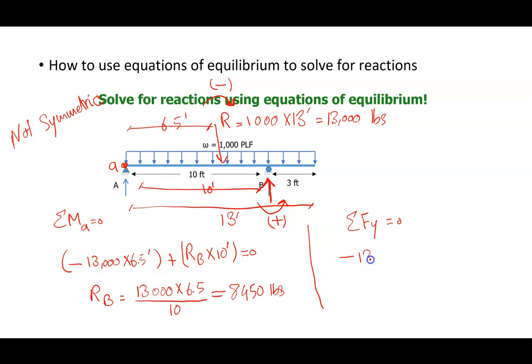So we have minus 13,000 pounds plus reaction at point B upward and reaction at point A is equal to 0. So make sure you know how to use equations of equilibrium to solve for reactions.